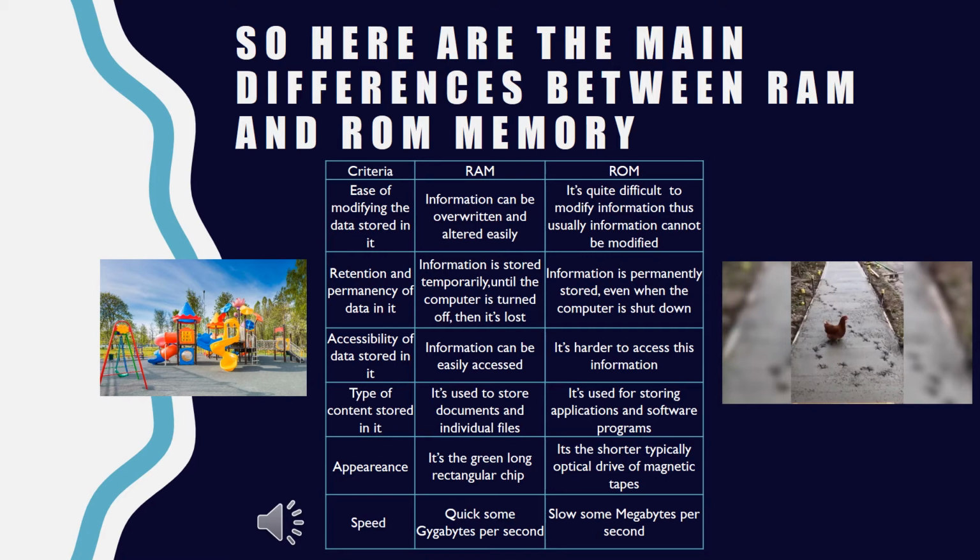Also, it's harder to access this information, and another important thing is that the hardware of the ROM is a small magnetic device, whereas the RAM is a longer green chip, and clearly the RAM is quicker, it has more capacity, documents are easily accessed here, and it stores files and individual or separate documents, while in the ROM there are stored programs and data that is permanent.